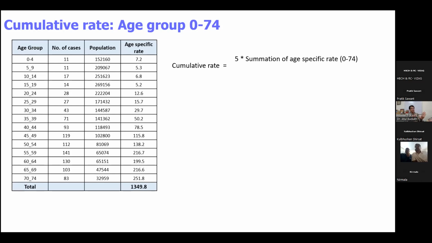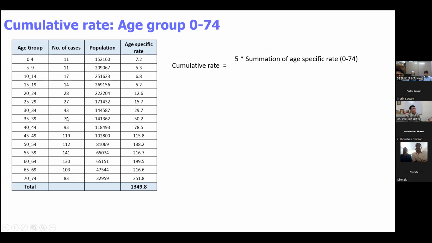That is 5. Deepak, you know how this 1349.8 has come? Yes, sir. Tell me how it has come. It is the summation of this. We have added all together, divided by 100,000. Yes, this is the summation.